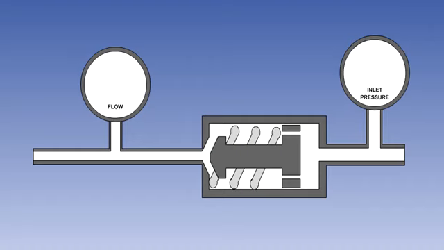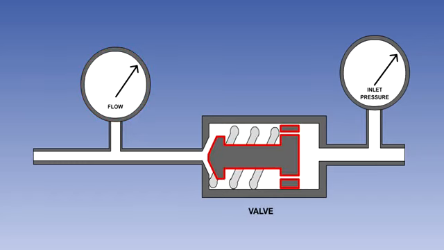A simplified flow control valve is shown here. It has a piston with a number of holes in it, through which fluid can freely flow. The piston controls the position of a variable orifice valve. Inlet pressure is felt on one side of the piston, with a spring pushing on the other. If the inlet pressure increases, then the flow rate through the valve will tend to increase.